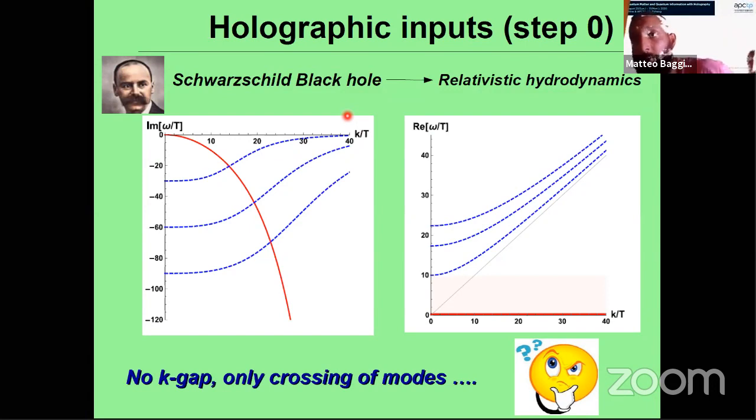Of course, you need a model. So first you need to create a model, but assuming that you have a model, then you compute your Green's function for the operator you have. And then what you see is a bunch of modes like here. And then basically the relaxation time is nothing else than the imaginary part at zero momentum. So you can see, for example, this one here is a diffusive mode.